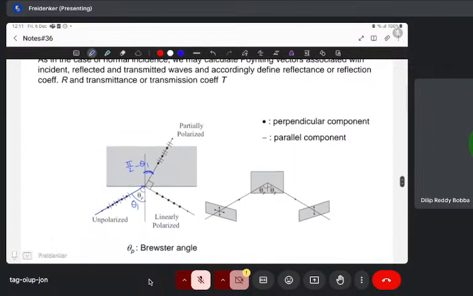It is how it is. Yes. So if my incident ray of light is theta p, and if this is pi by 2 minus theta p, that would mean this is theta p, this is theta p, this is pi by 2 minus theta p. Is this leading us somewhere?